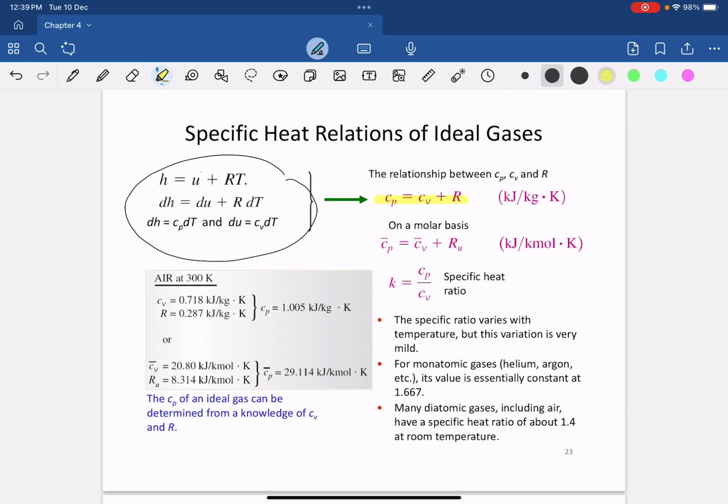CP, the specific heat capacity at constant pressure, is always equal to the specific heat capacity at constant volume added with the specific gas constant. Remember, CP is always greater than CV.